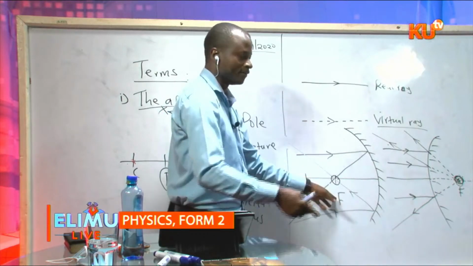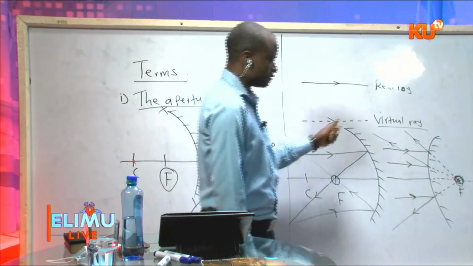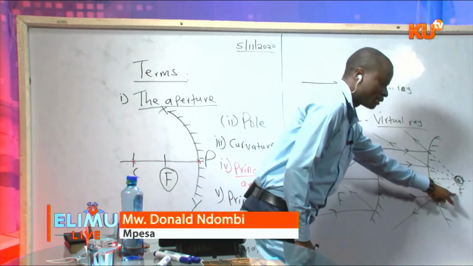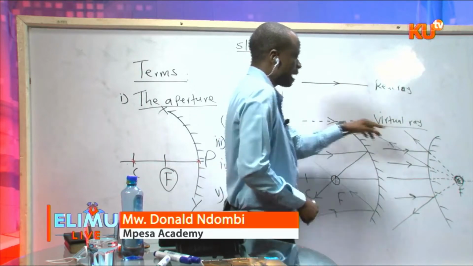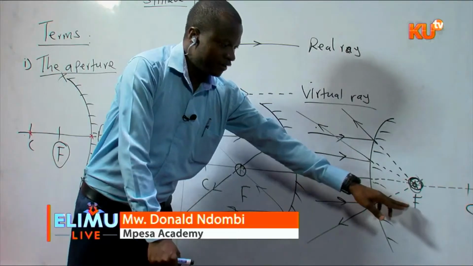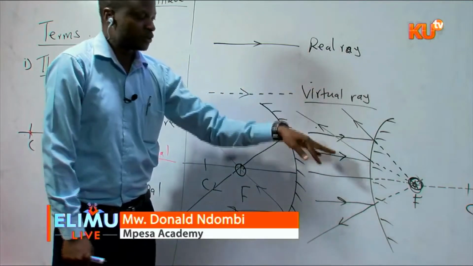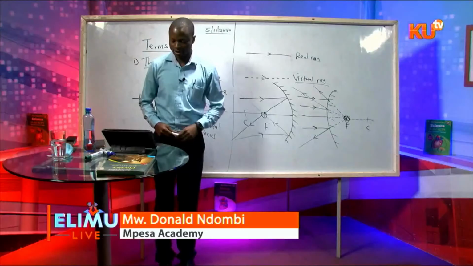F is real for a concave mirror, but F is virtual for a convex mirror because the rays appear to diverge from here. The moment you use the words appear to diverge, then we say F is not real, but it is a virtual point on the convex mirror.